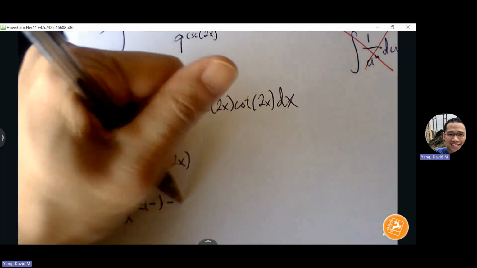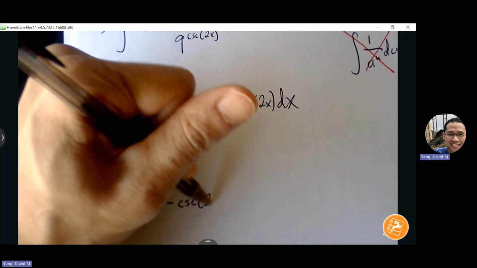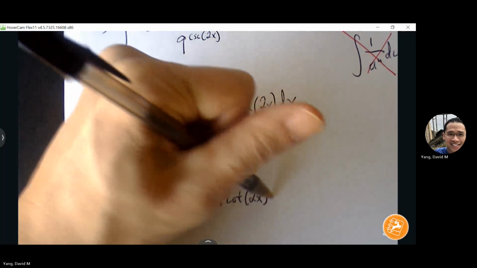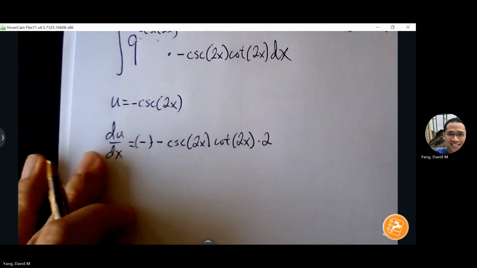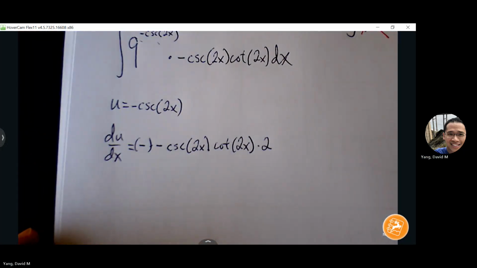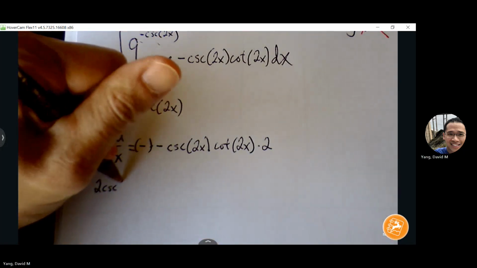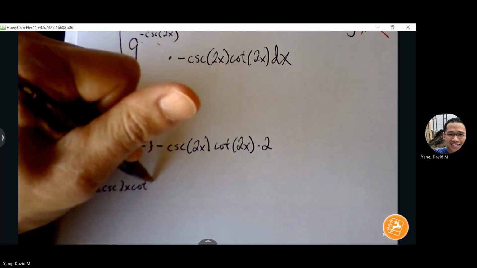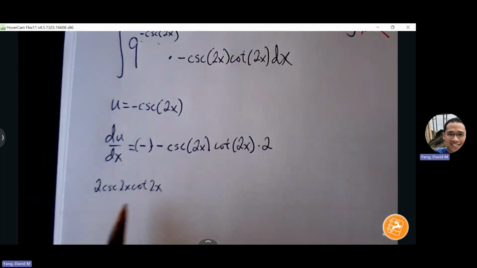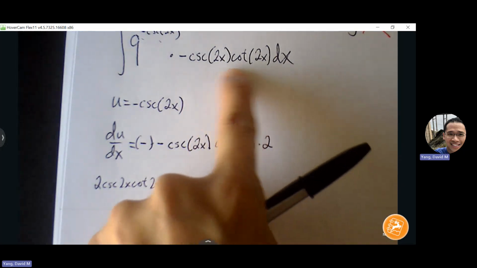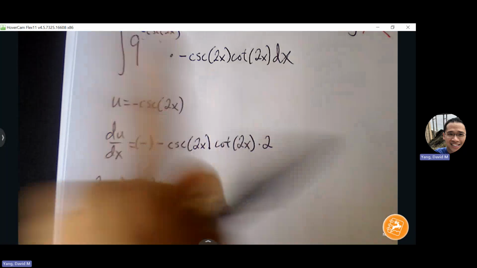Negative cosecant u, cotangent u times u prime. Two negatives become positive. I can cross multiply. It's good this produced such a large derivative, because we need something to counter what we see here, right?